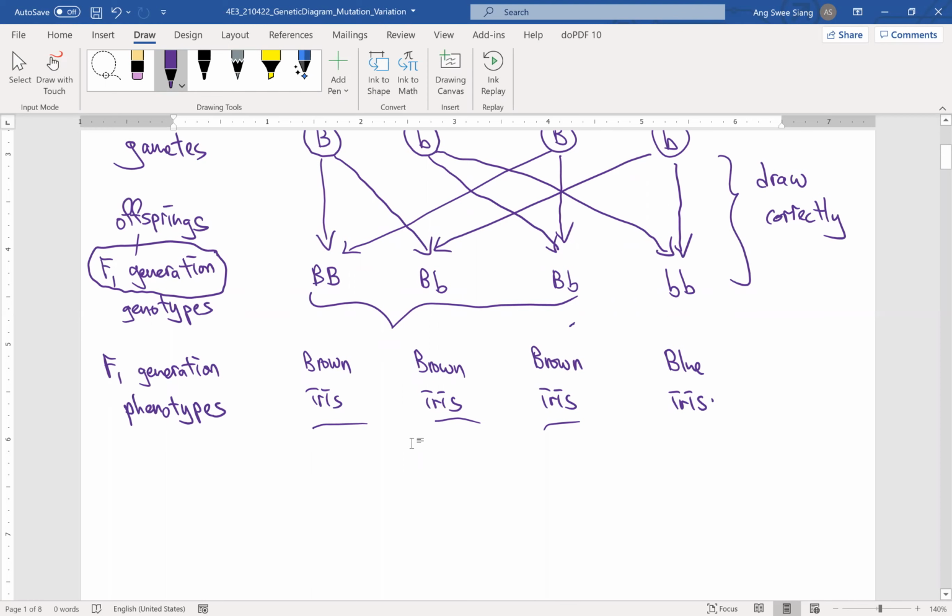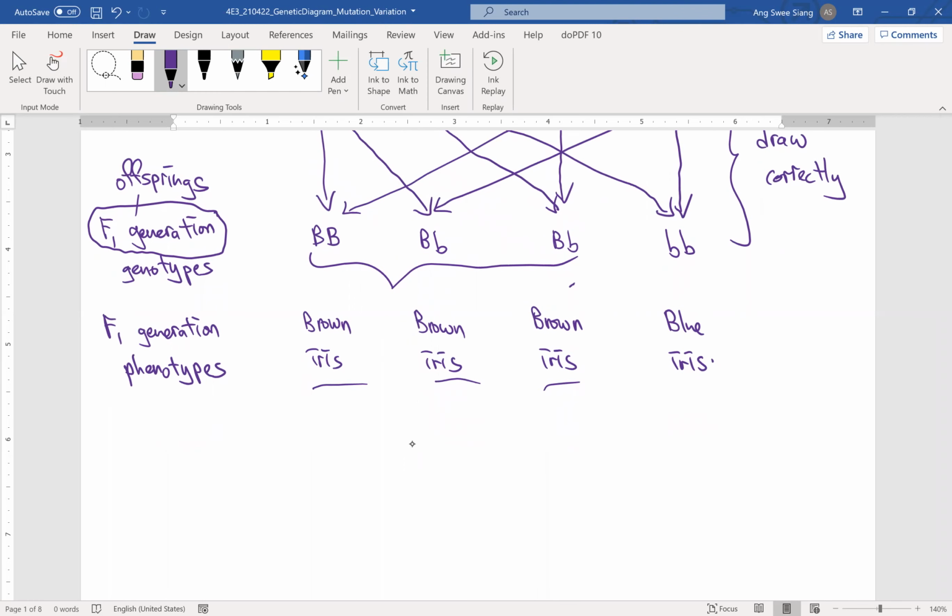The last 2 rows will be the F1 generation genotypic ratio. So what ratio are we looking at? We are looking at the ratio of the different types of genotypes.